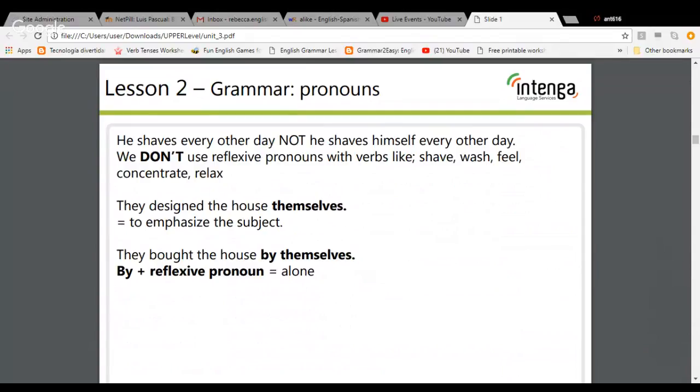But did you have any questions or anything, Ken? Yeah, so I didn't know that it is not used with specific verbs like shave, wash. Yeah. Well, I think just because you don't hear them being used with these verbs. If someone says he shaves himself every other day, how do you perceive that?